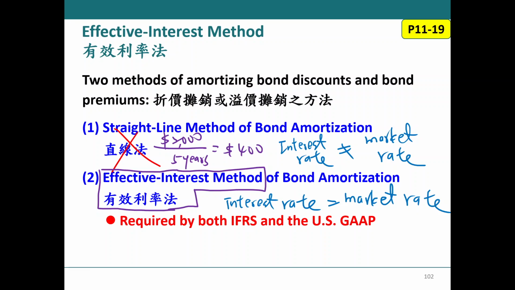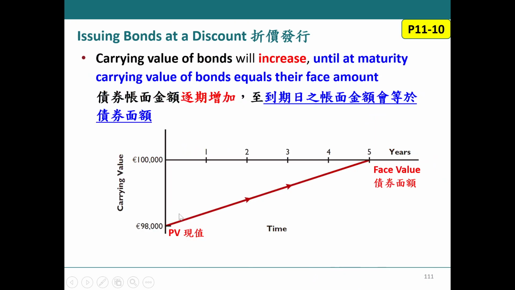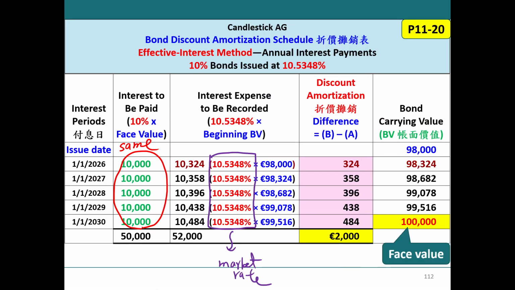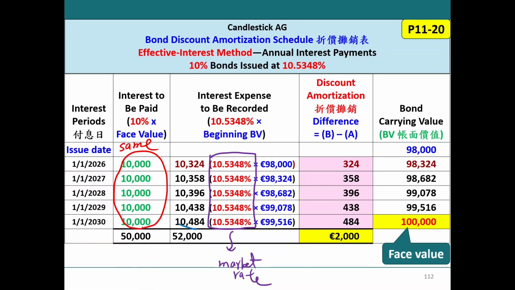So when we report the true cost, it's always the market interest rate. Of course the total number will not be the same, it's okay, because your liability is not the same each period. So the total cost of borrowing varies.